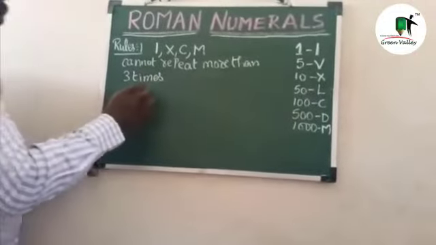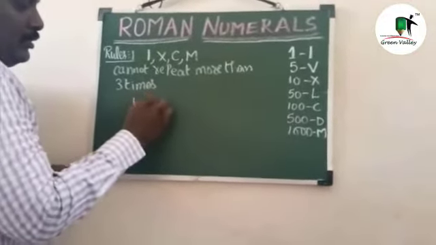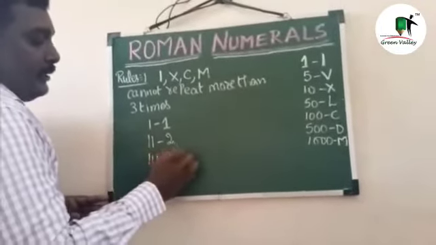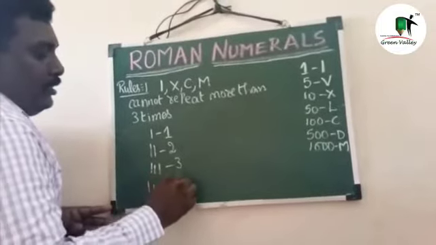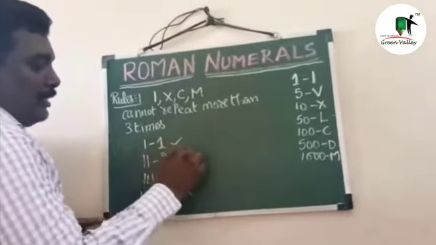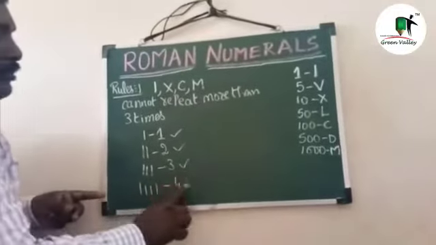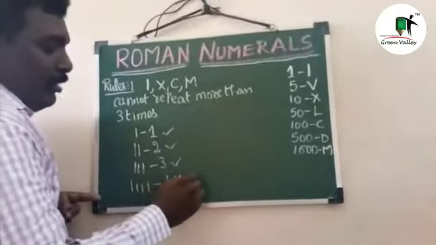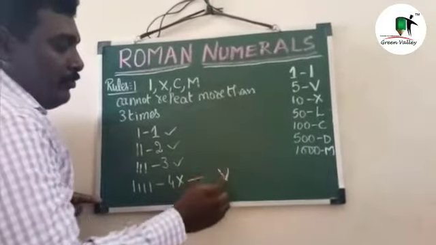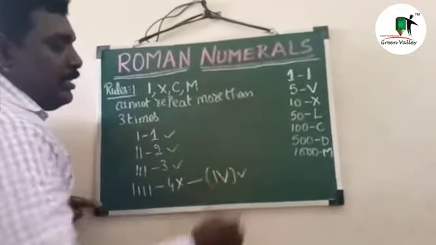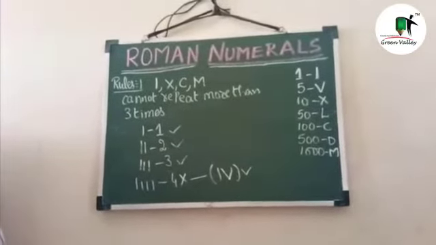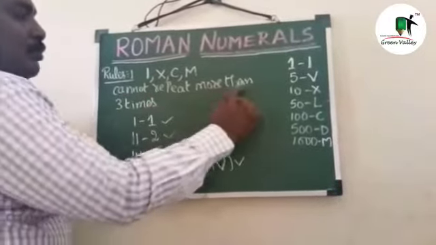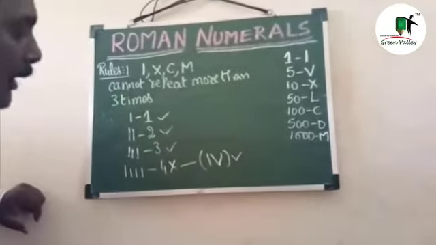See, children, 1 means I, 2 is II, 3 is III. Now 4 is not possible like this. 4 is wrong. Then how should we write 4? We have to write 4 in this way. This is the correct form of 4. That means I, X, C, M cannot be repeated more than 3 times. That is rule 1.